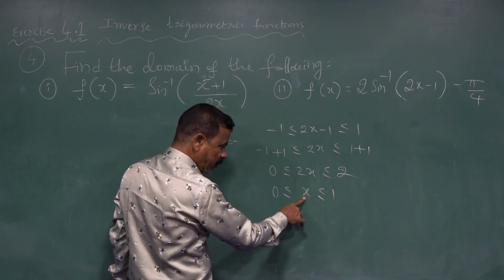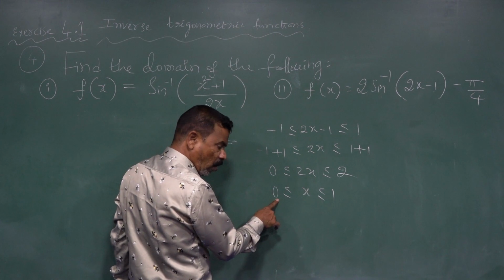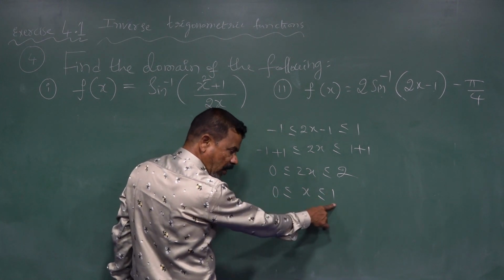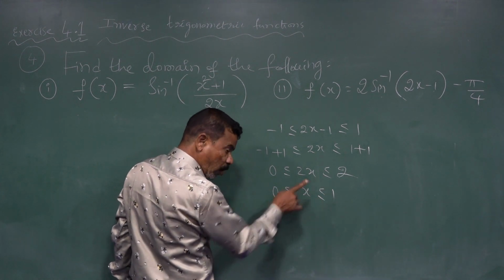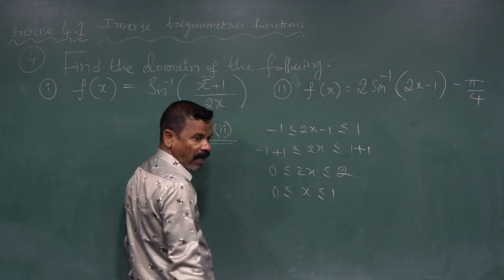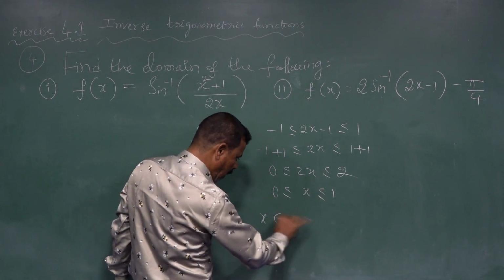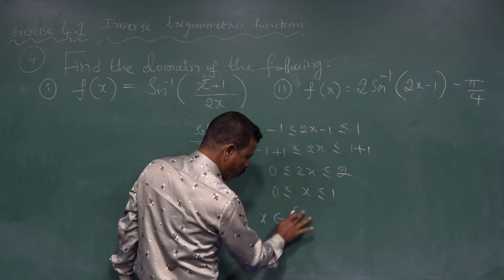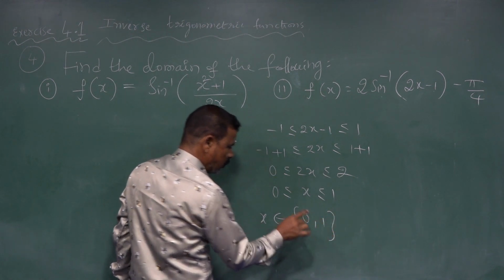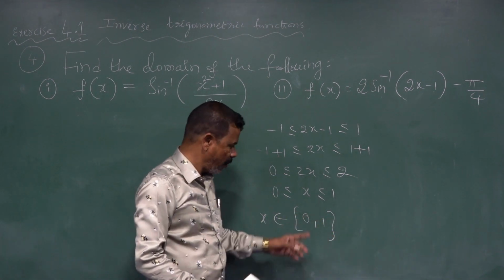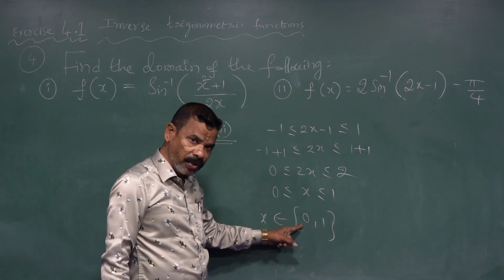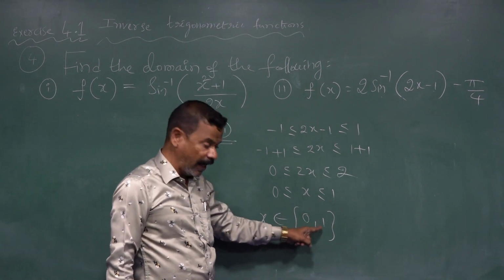So this means x is equal to 0, x is equal to 1, x is greater than 0 and x is less than 1. This is represented by the interval 0 to 1, all values including 0, 1 and in between.